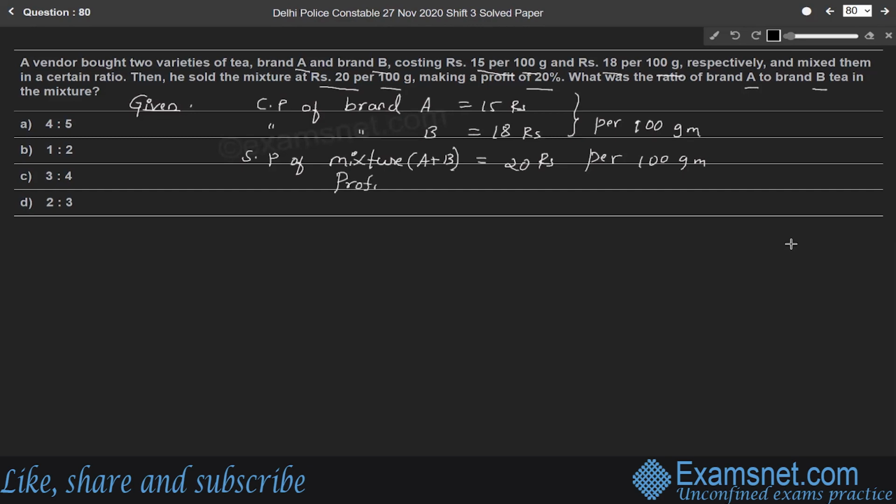So we have to find the ratio of brand A to brand B tea in the mixture.